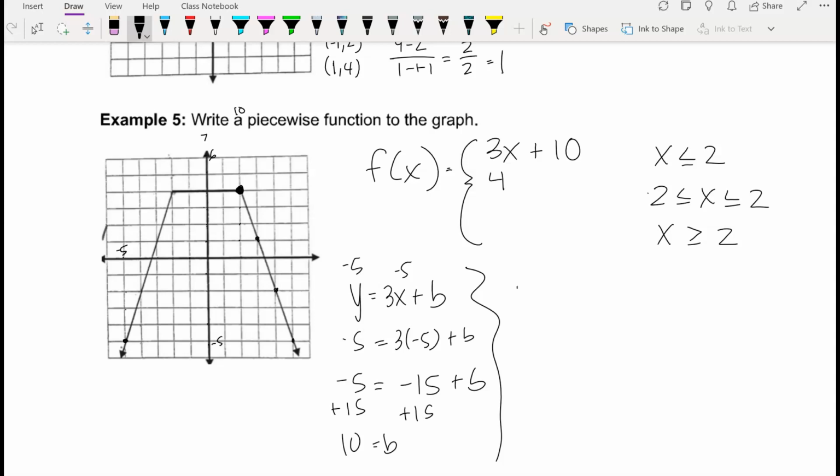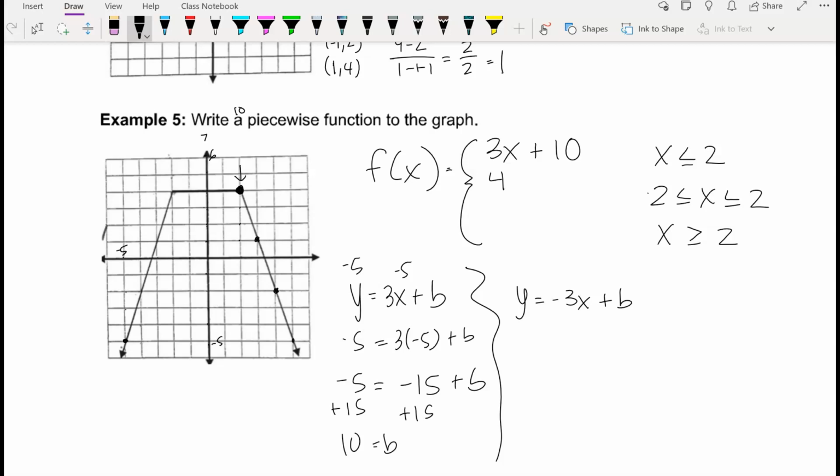So it's going to be a negative 3x plus b. All right, then we plug in our points. So you can choose the 2, 4 if you want, this point here, or 3, 1. It doesn't matter. They're going to get you that same b value.